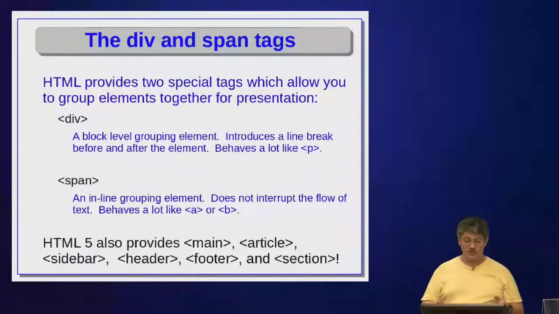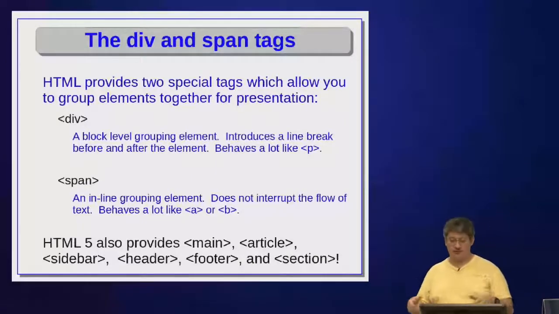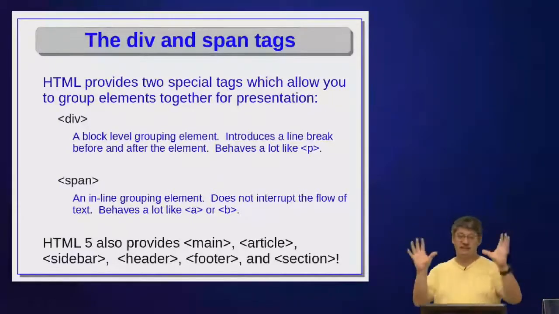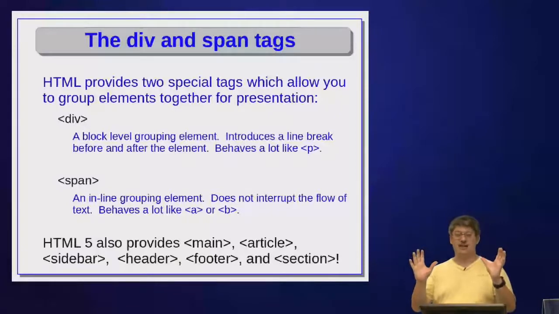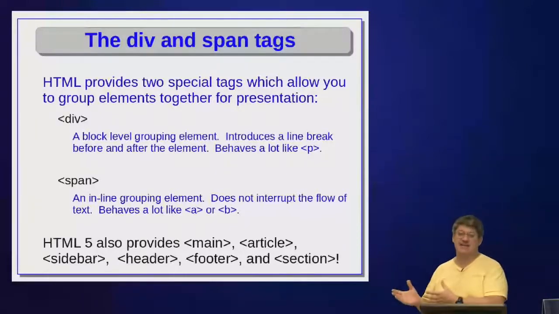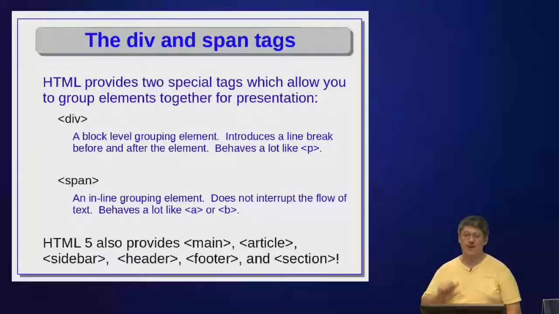But if you're using main, article, sidebar, header, footer, nav, and section, and I'm using those same tags, and I come up with a really great template that makes everything look great, I can just ship you my CSS file, you can drop it in with a link tag, and automatically your page looks nice. So this is a really neat thing. This is the beauty of standards. If we're all using the same standard tags, our code becomes interoperable, which again was one of our design principles for Web 2.0.